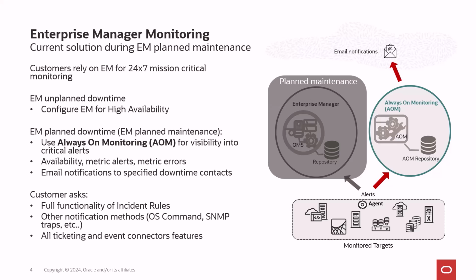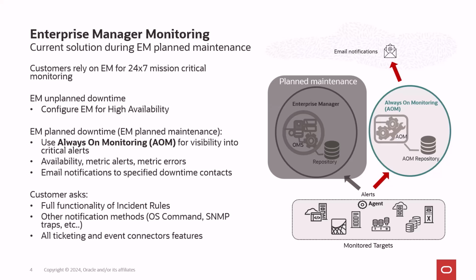AOM is a separate application with its own repository that can be used in conjunction with Enterprise Manager. When Enterprise Manager is brought down for planned maintenance, using AOM, you can continue to get monitoring visibility by getting email notifications for target availability alerts, that is, target down alerts, metric alerts, and metric errors.